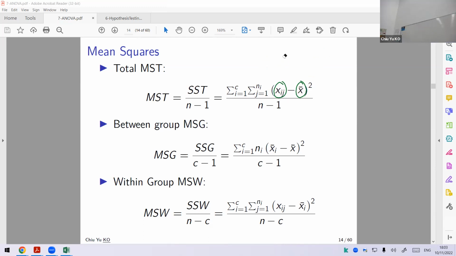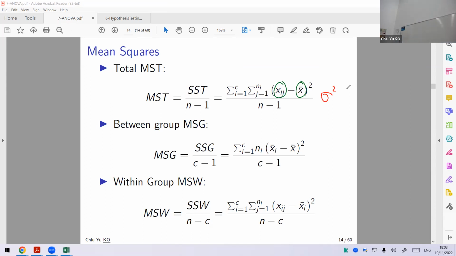So the main idea is all this kind of measurement of sigma square. MST is this one, a standard measure of sigma square, because you don't talk about the groups.